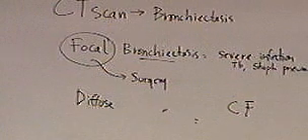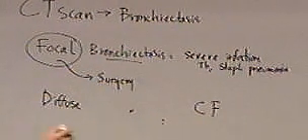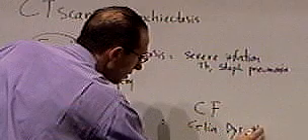Which people have no cilia? Things like ciliary dysmotility syndromes. And one of them, if you have dextrocardia, is called Kartagener syndrome. So Kartagener syndrome is ciliary dysmotility plus dextrocardia.